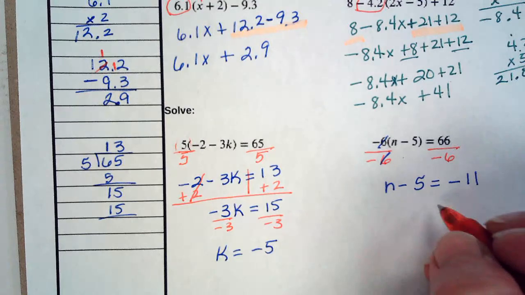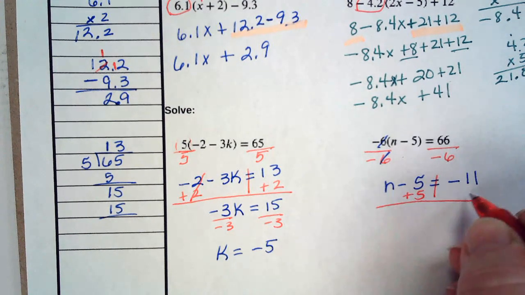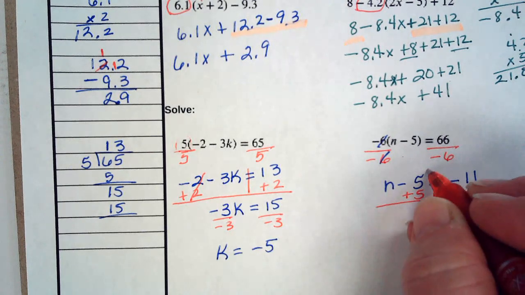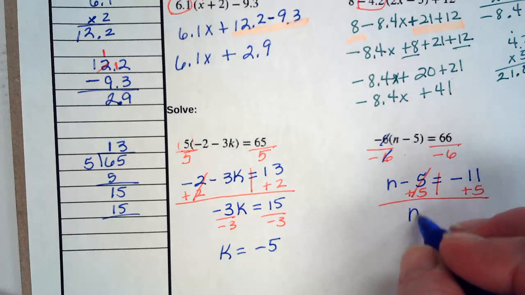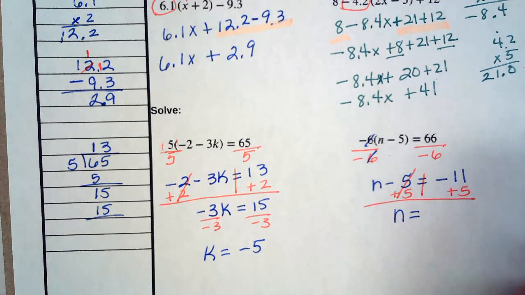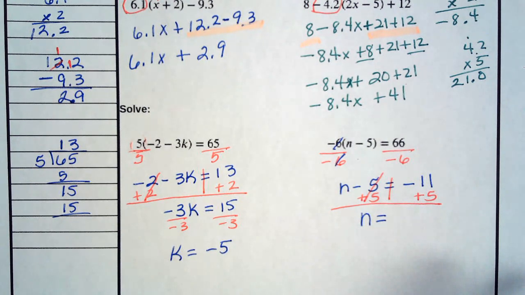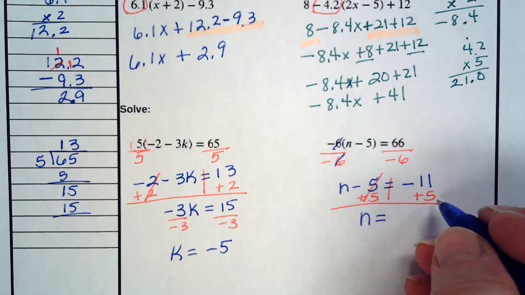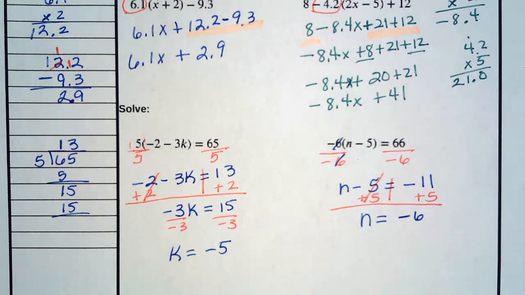Now it's a one-step equation. Add 5 to both sides. I've eliminated it here. N is equal to, well, I've got a positive and a negative, so I know that I have to subtract. 11 minus 5 is 6. Keep the sign of the larger, that's negative, so this is -6.